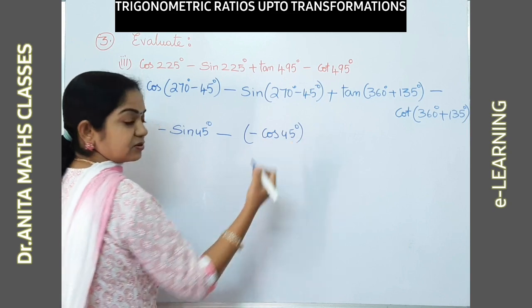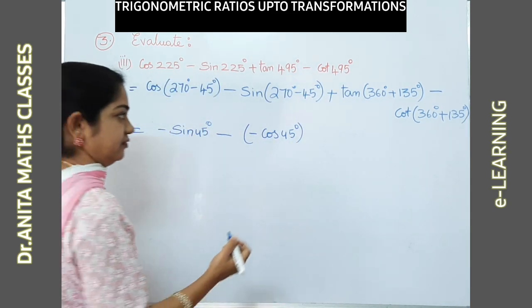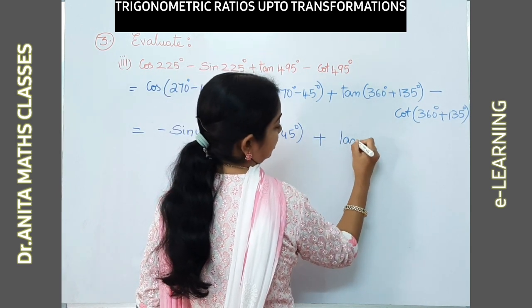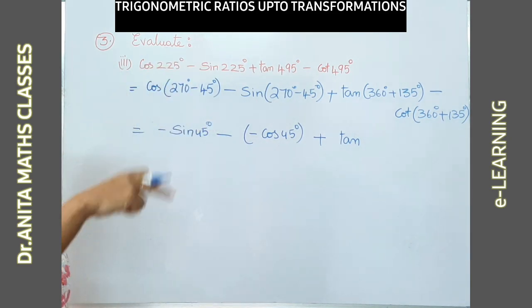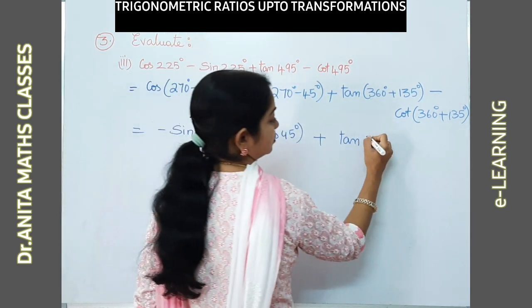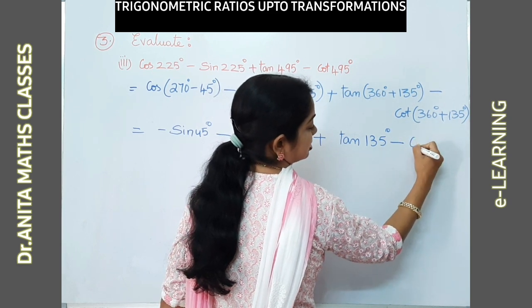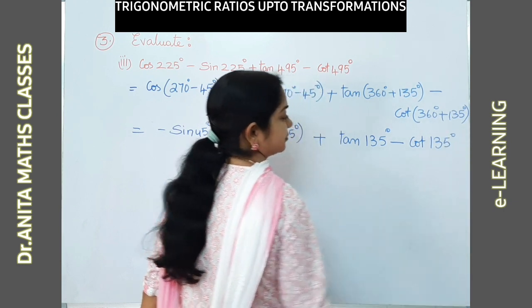So minus cos 45, because in the third quadrant tan and cot are only positive, plus, and tan 360 plus 135, after one revolution 360, that is just tan 135, and minus cot 360 plus 135 is cot 135 only.